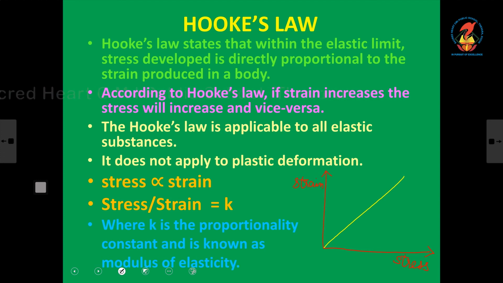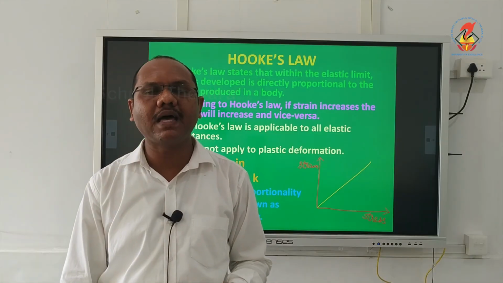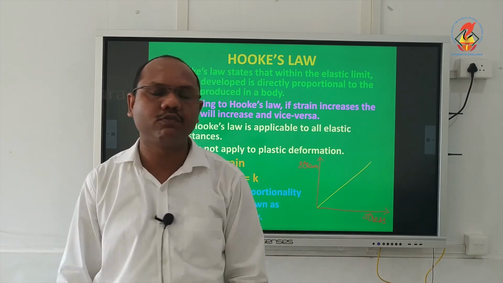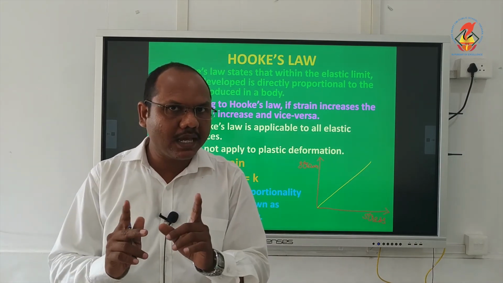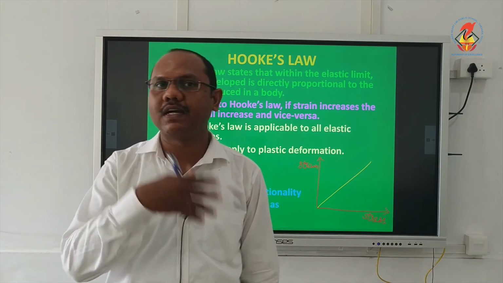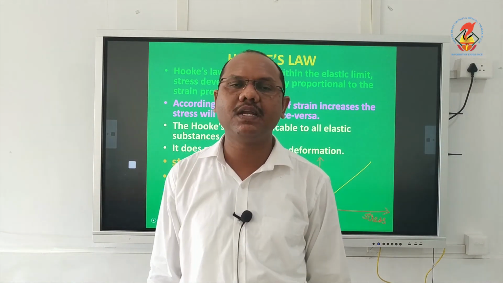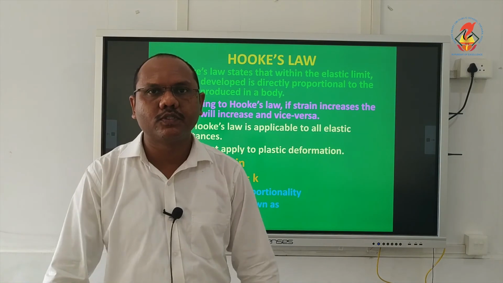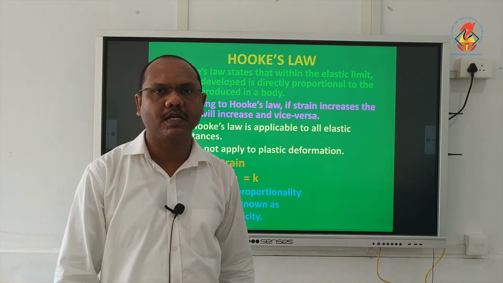So the graph is a straight line. So all the bodies that obey Hooke's law will have a straight line graph. So if the graph is a straight line, the body obeys Hooke's law. If the graph is not a straight line, the body does not obey Hooke's law. Okay. So that's all about Hooke's law.